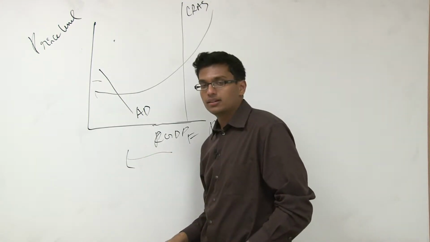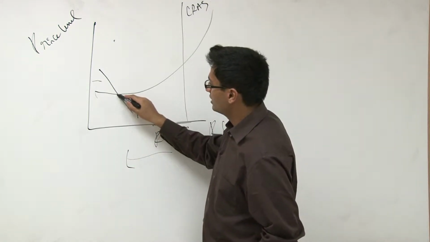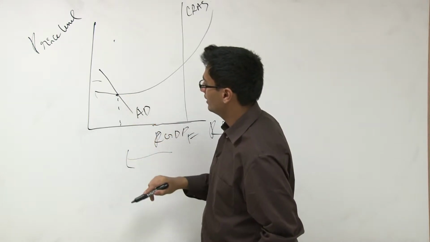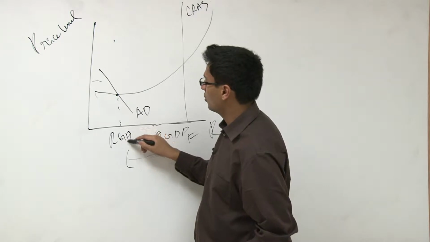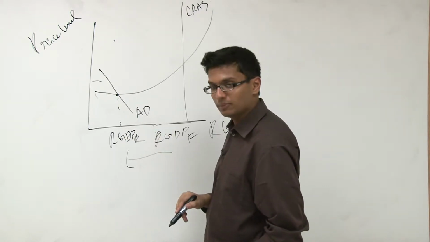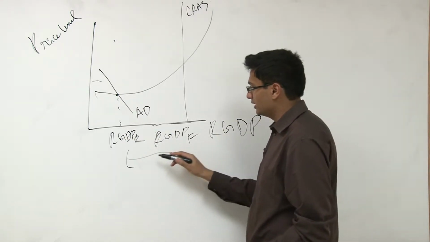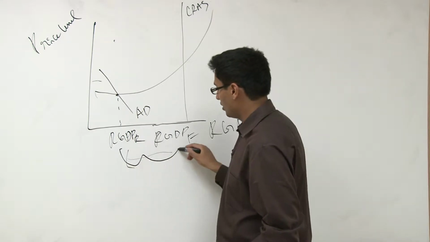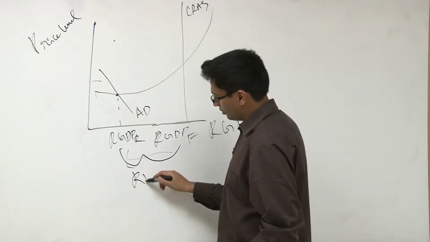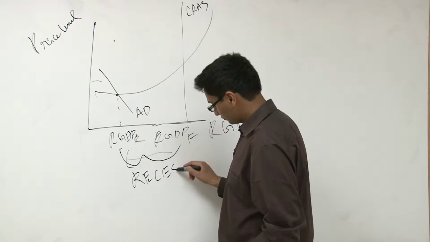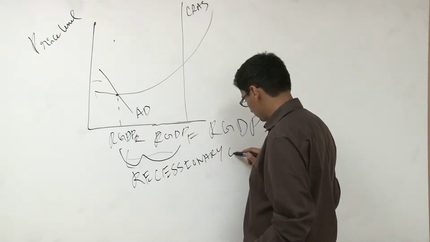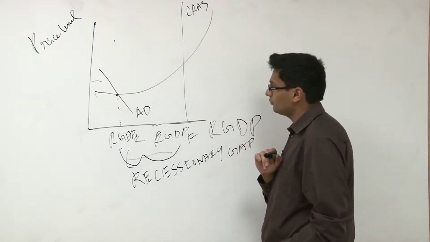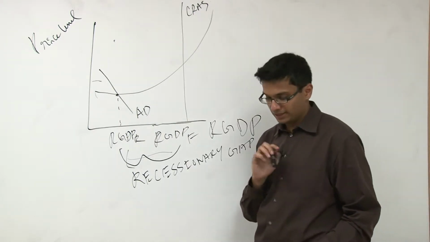The way we talk about a recessionary gap is we see the equilibrium right about here, that price level and this RGDP, which I'm going to call RGDP-R. The difference between RGDP-F and RGDP-R is called a recessionary gap. Hopefully everyone can get that.